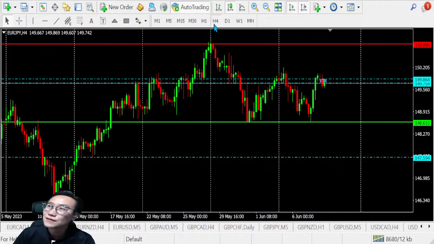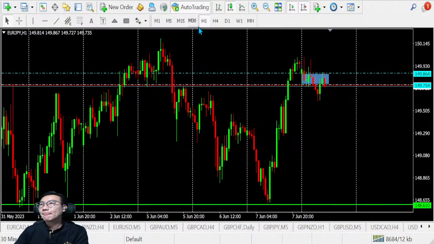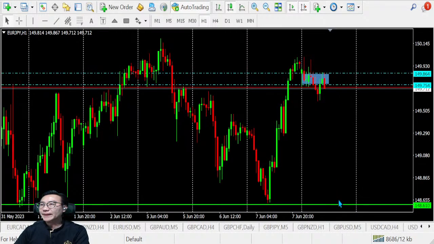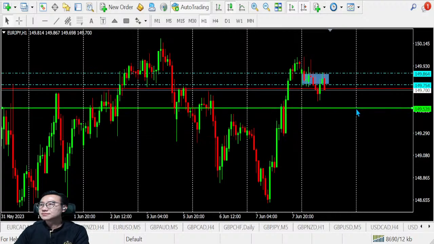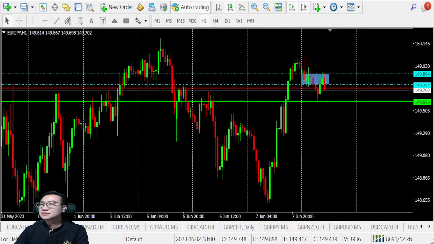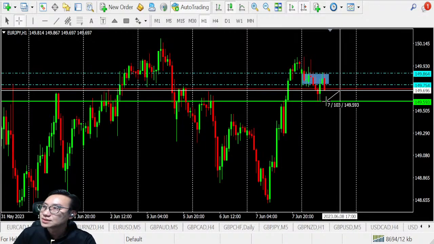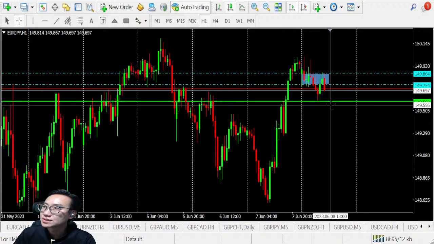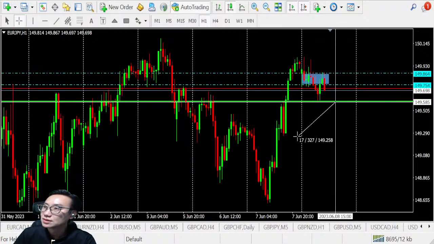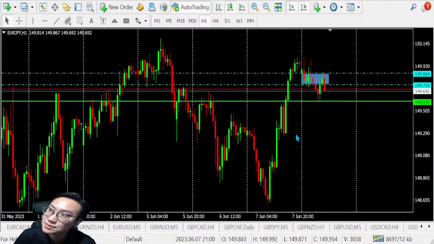H4, not that good yet. There's a support down here, about 10 pips. After it breaks the support, 33 pips.